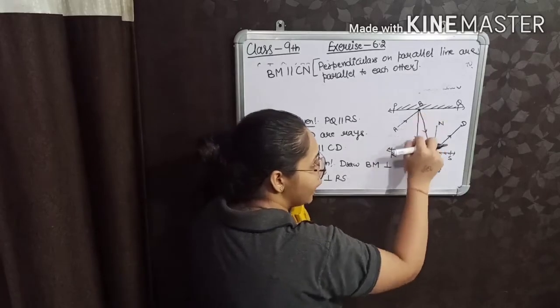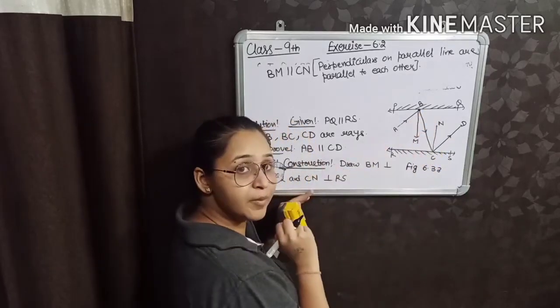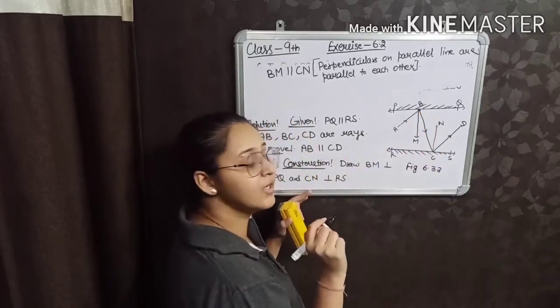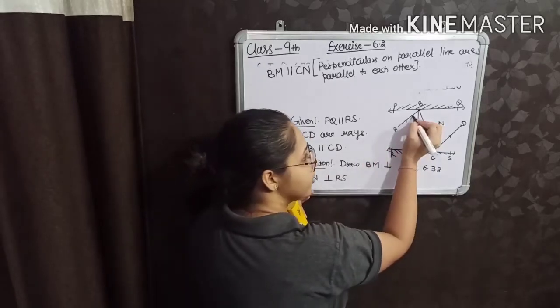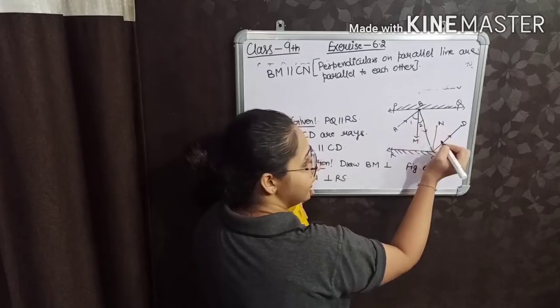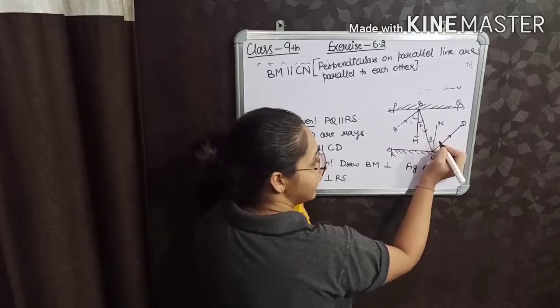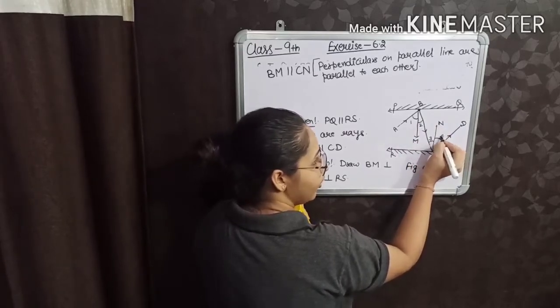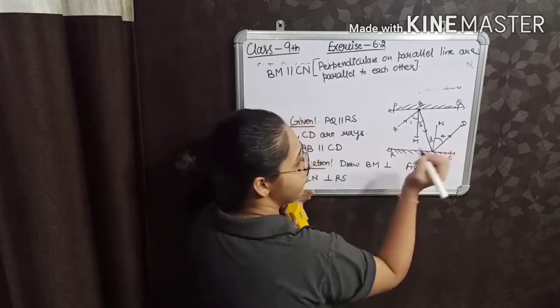Now, after constructing these perpendiculars, four angles are formed. First is this, I am naming one, second, third, and fourth.